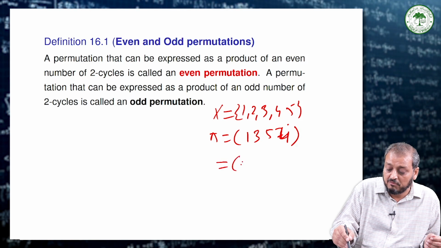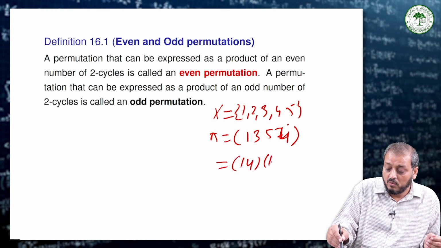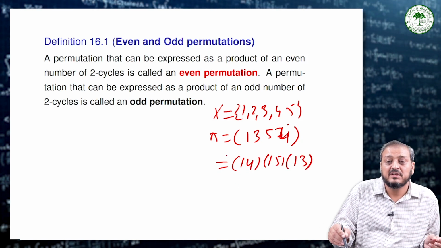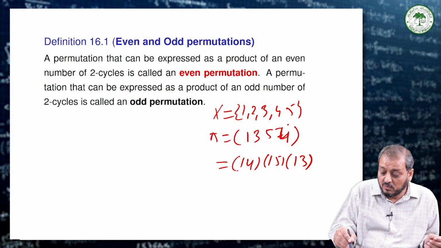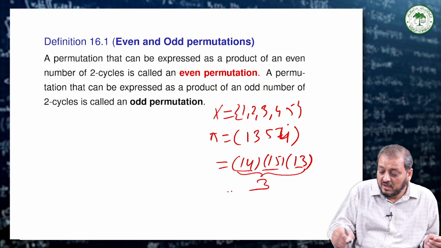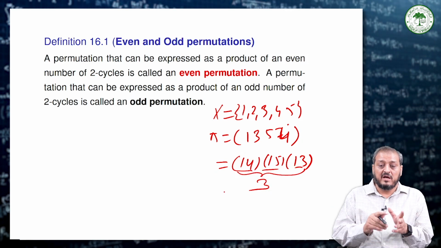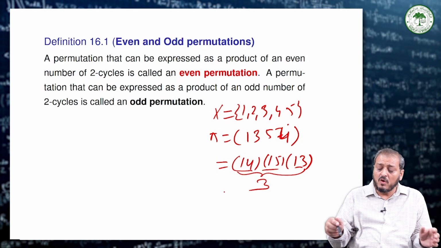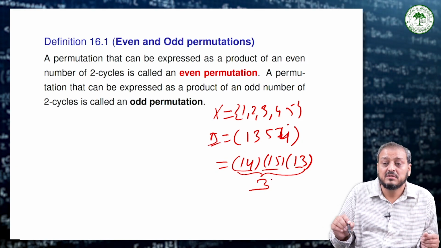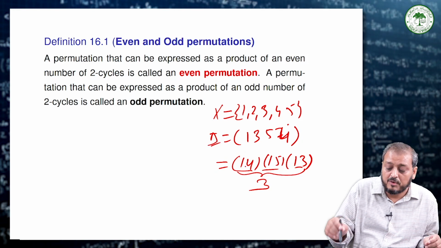This can be written as (1 4)(1 5)(1 3). That means it is a product of three two-cycles, an odd number of two-cycles. So this permutation is called an odd permutation.